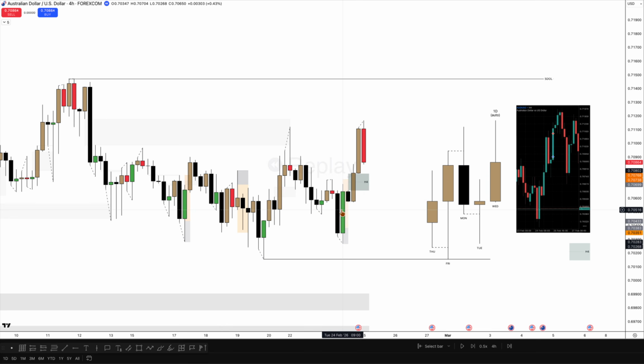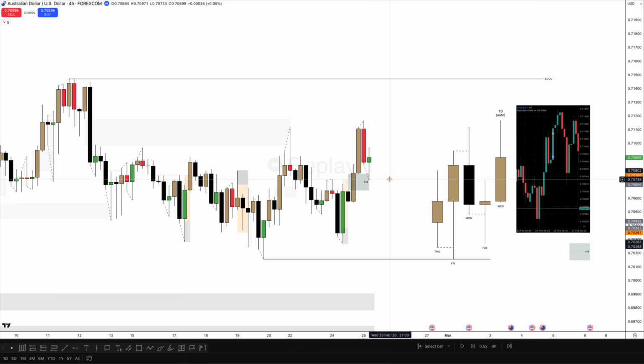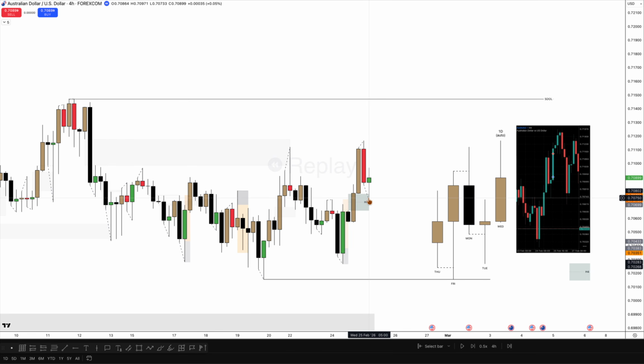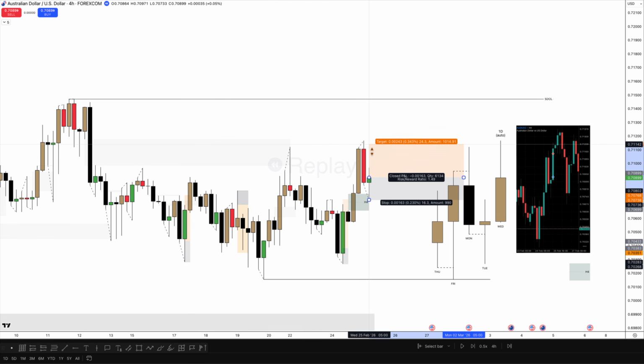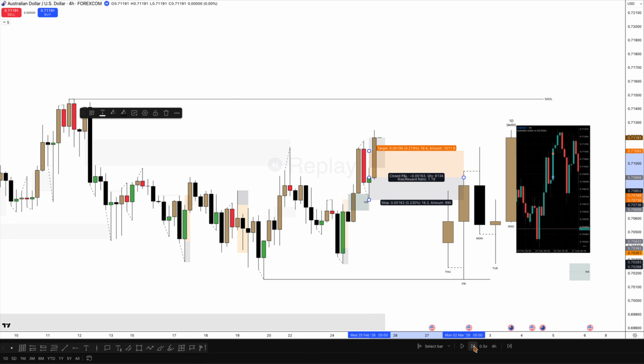I understand that I want to continue up, potentially taking out these swing highs. Look for my manipulation. There we go. The sweep, the tap into a fair value gap, A+ setup if there's a fair value gap, close within that range, instant execution. And take your 1R.